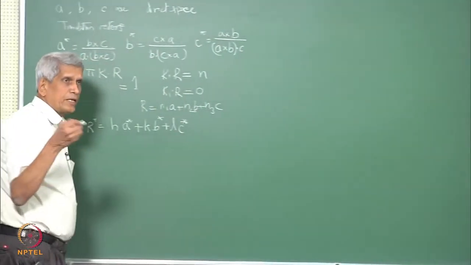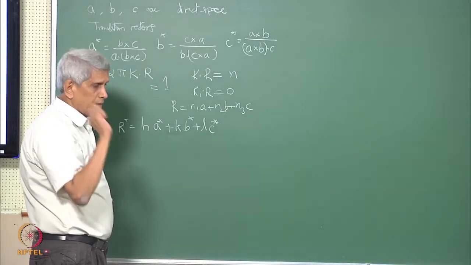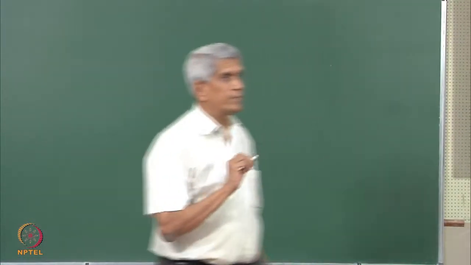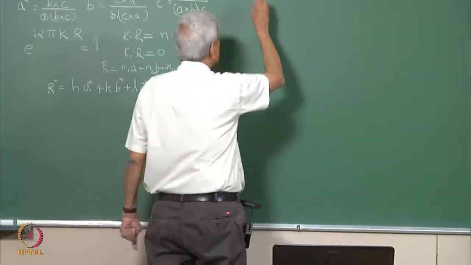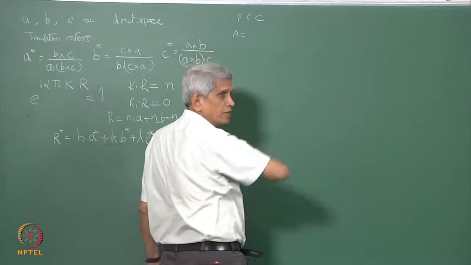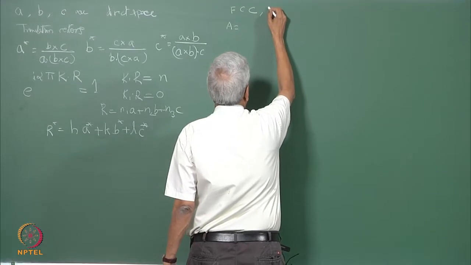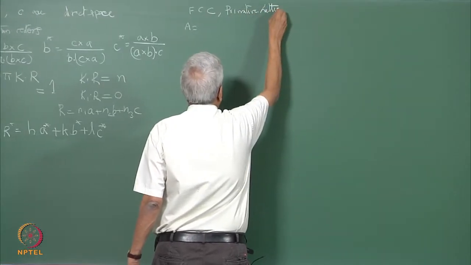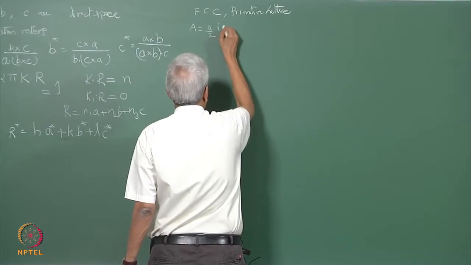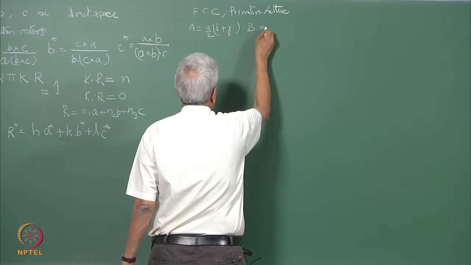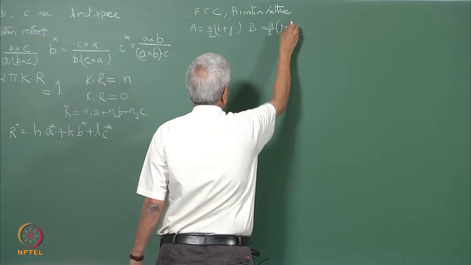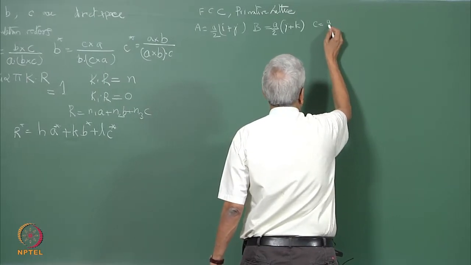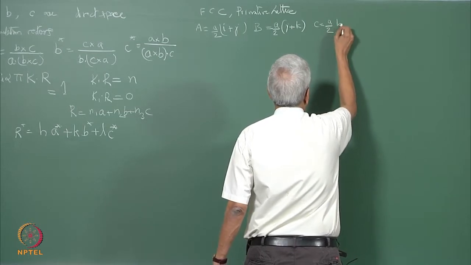If we take it, how are the lattice translation vectors of the primitive lattice of the real lattice represented? For FCC, for the primitive lattice, vector a is a by 2 into j plus k, right? c is equal to a by 2 into k plus i.